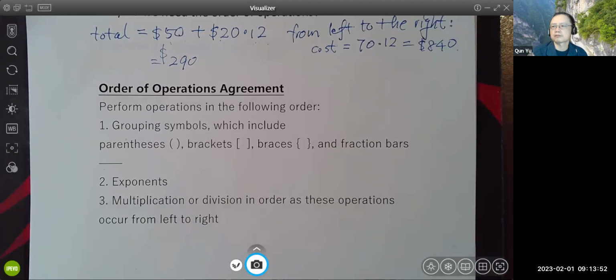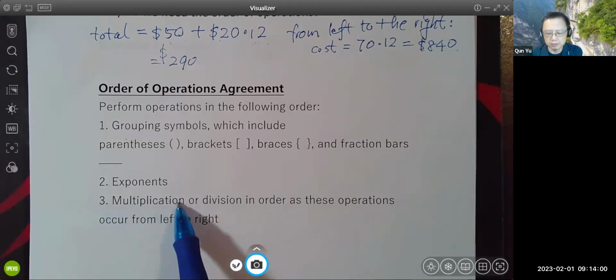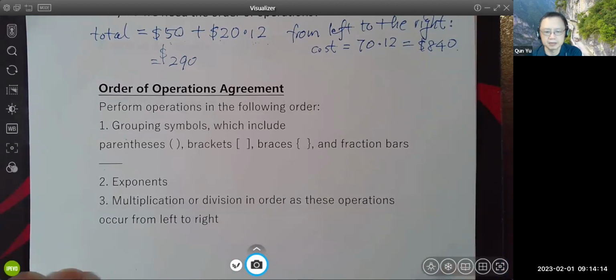First come, first served. You do it from the left to the right. Just because multiplication appears first, in front of division in this statement, doesn't mean that multiplication has higher priority over division. You just do it from left to right.